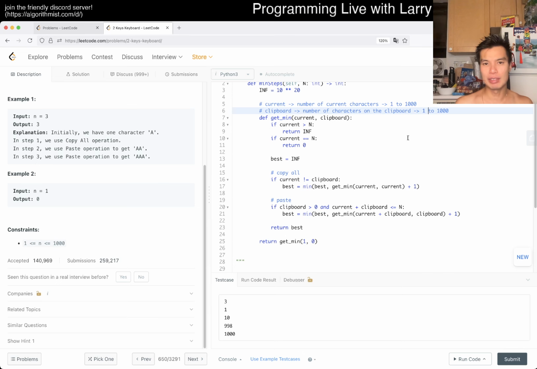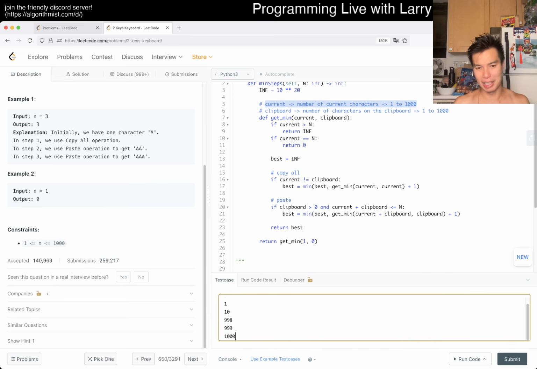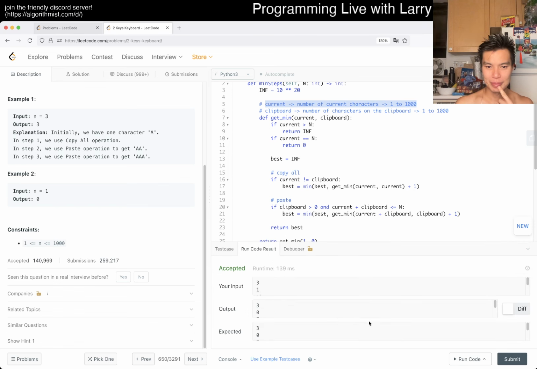And also, as the clipboard gets higher, current increases higher, which makes it n log n, which I didn't expect until I kind of went through it. And in fact, I kind of just did 1,000 on a whim. I honestly thought it would time out. So it's kind of interesting. Yeah.